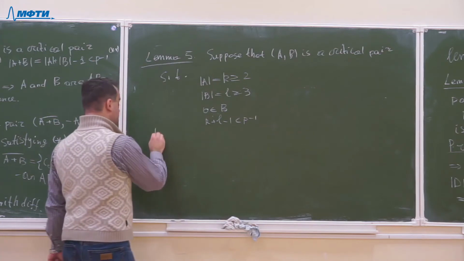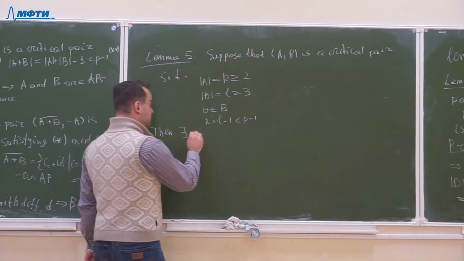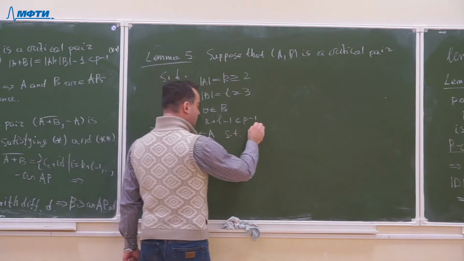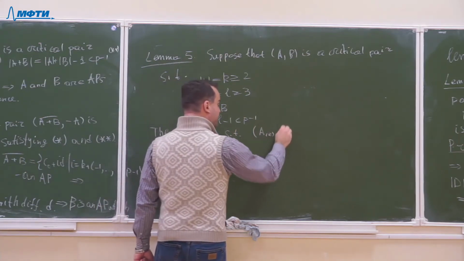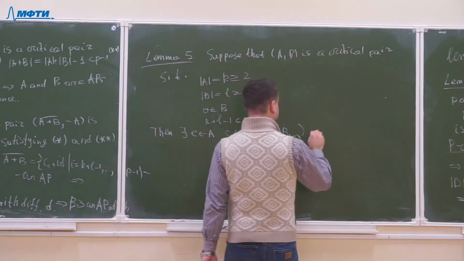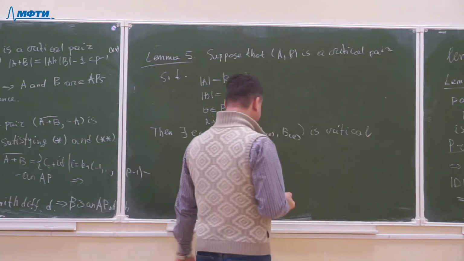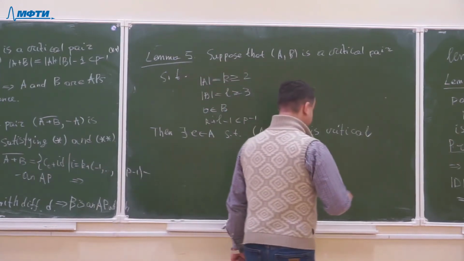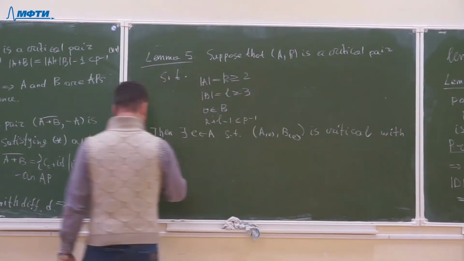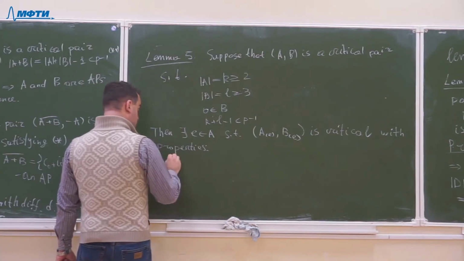Then there exists an element E from A such that the pair AE, BE is critical, with these properties.